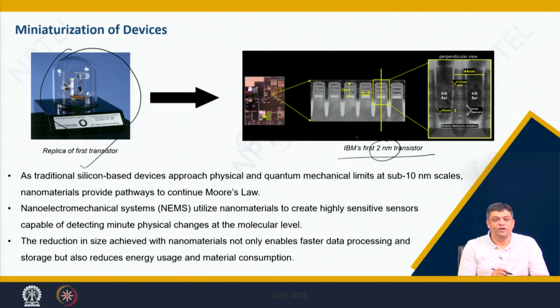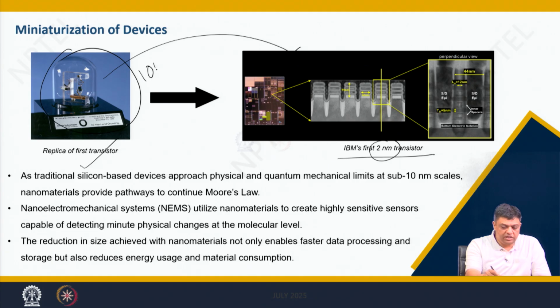So, you have gone from here to here, and let us say this is maybe a 100 centimeter square area. Now, in this area, if you make 2 nanometer size components and distribute them over this whole 100 centimeter square area, just imagine the power which can be obtained from such a computer.